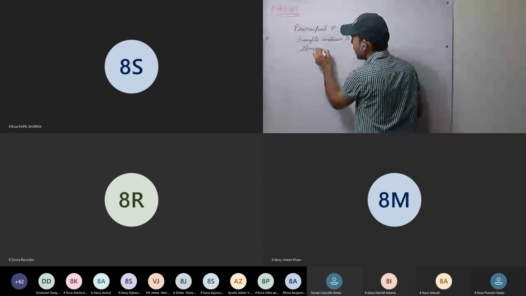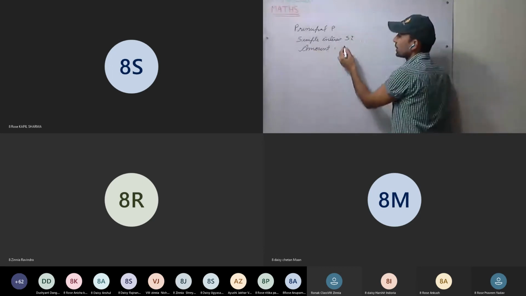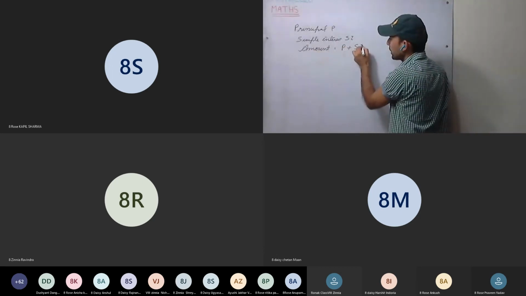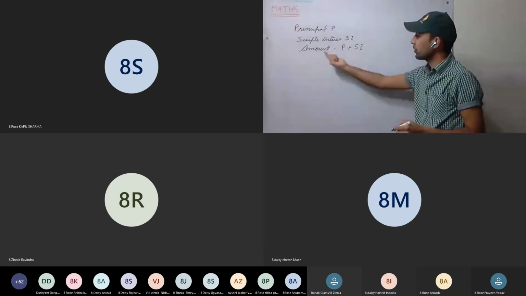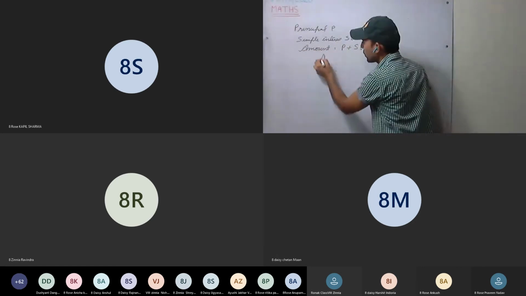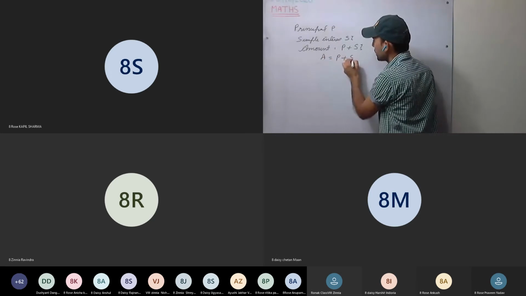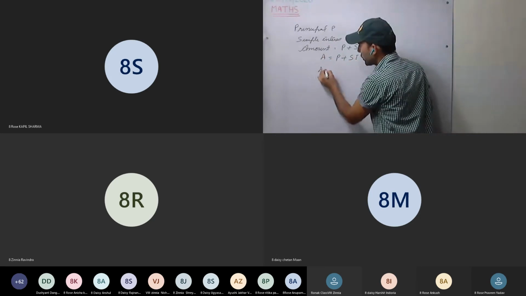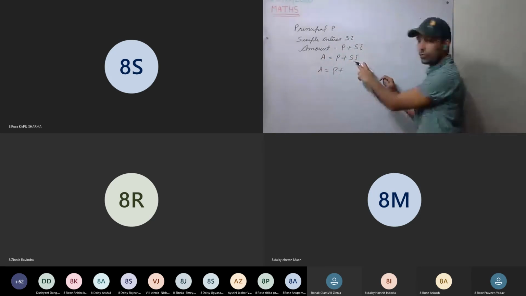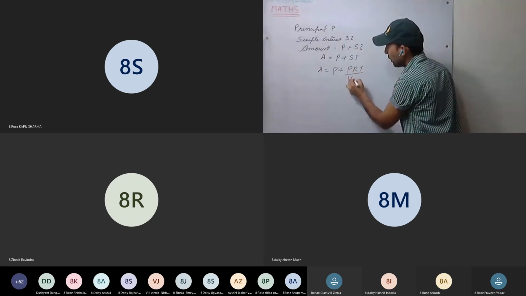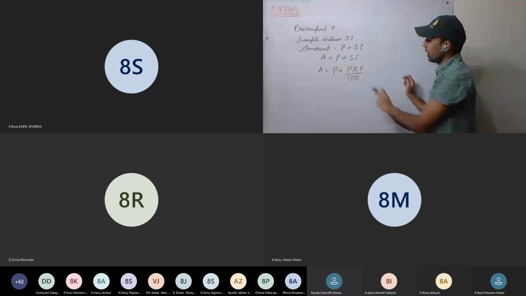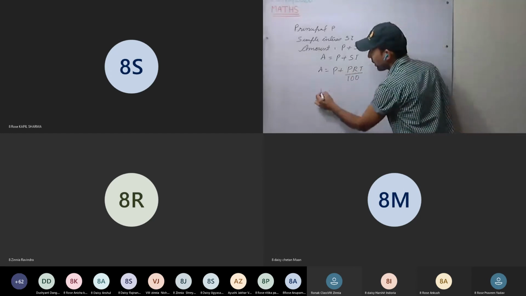Amount is principal plus simple interest. Here we are discussing simple interest, therefore amount, which we denote with A, equals P plus simple interest. Amount equals P plus simple interest formula, PRT upon 100. This is clear. P we can take common.